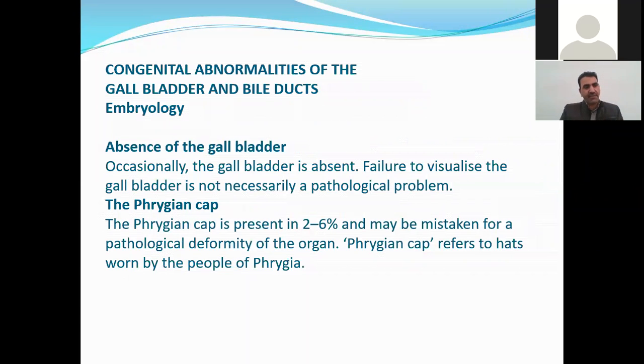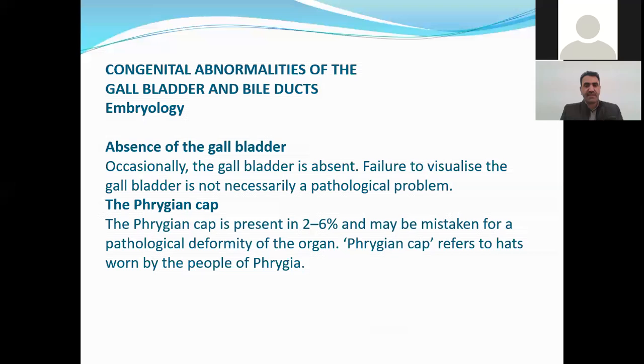خلص, investigation and anatomy of the biliary system and gallbladder. Nowadays, take congenital malformations of the gallbladder and bile duct. Of the gallbladder, absence of the gallbladder is very rare.